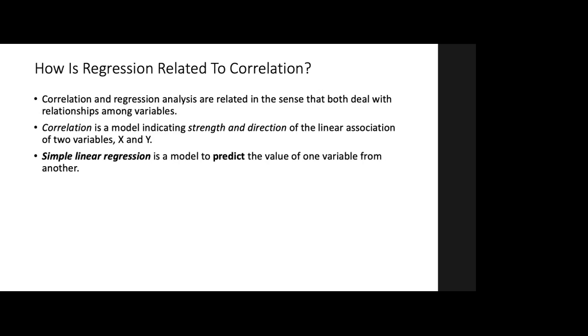However, correlation is more limited than regression. Correlation is a model that only cares about the strength and the direction of a linear association between two variables. Simple linear regression, in addition to that, attempts to predict the value of one variable from the other.